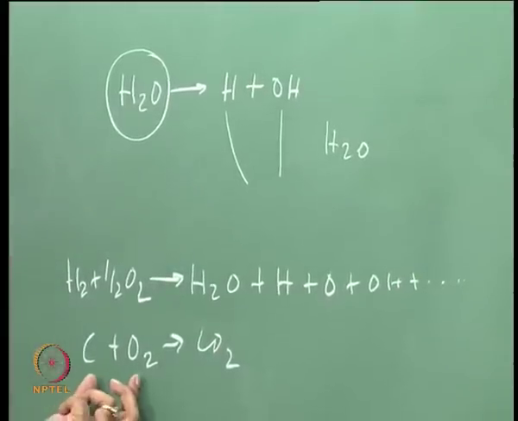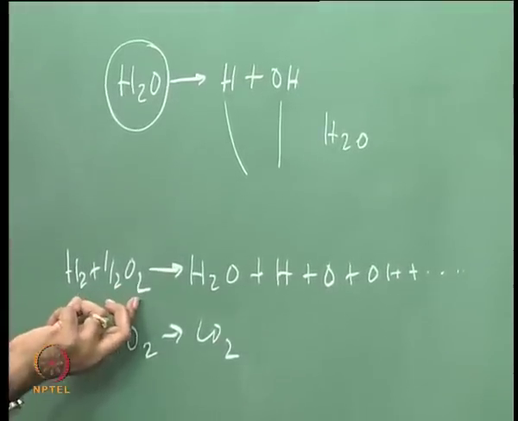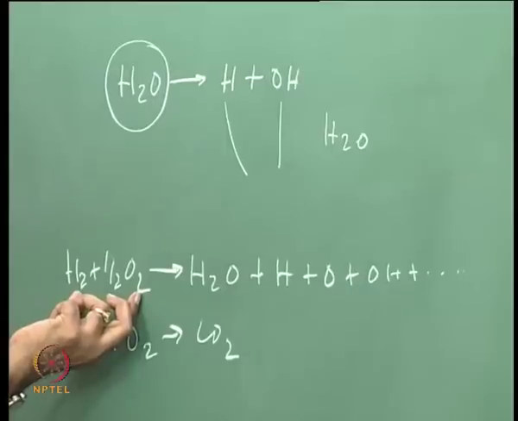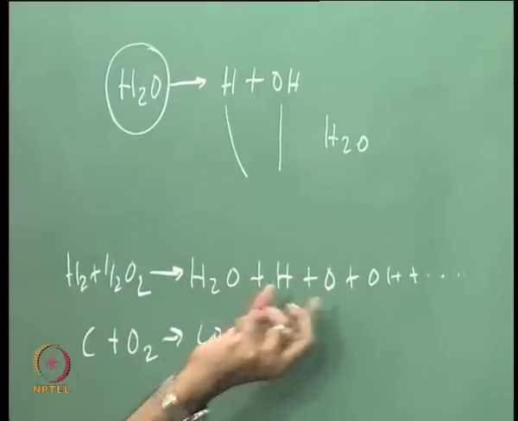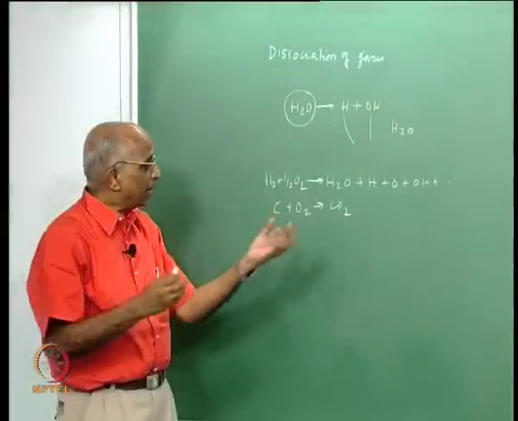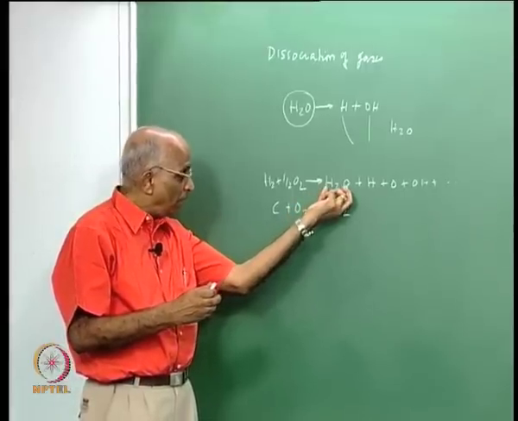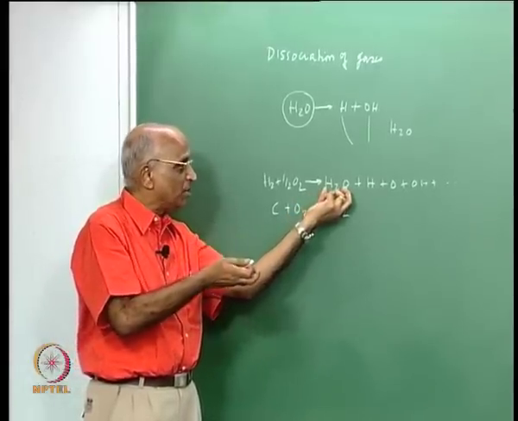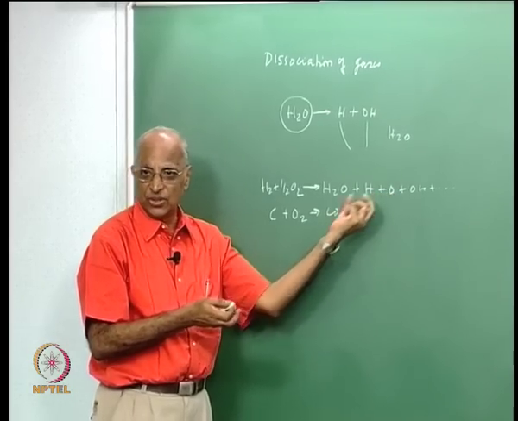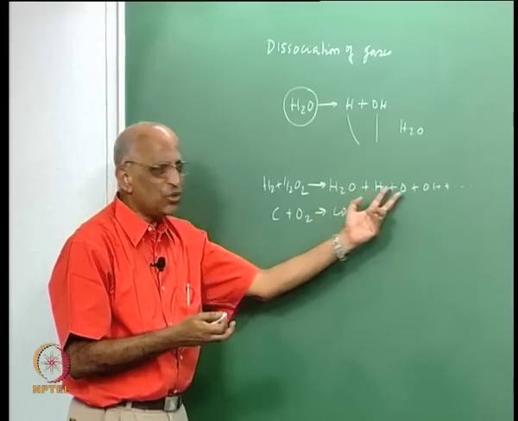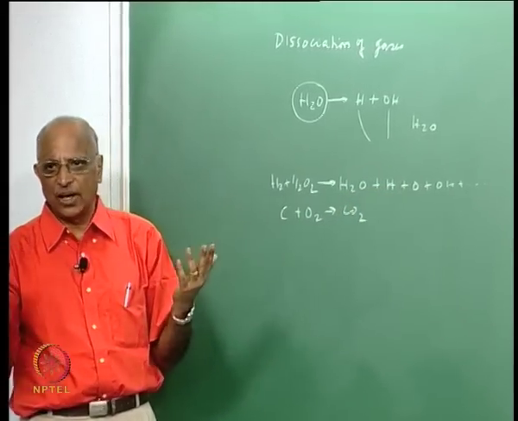Similarly, if carbon and oxygen, mind you, the composition could still be a stoichiometric composition, but at high temperature it causes the species to be more dissociated. Instead of having a completely oxidized species, we get dissociated species. Therefore, how do you find the proportion of these things is the question which we would like to ask.